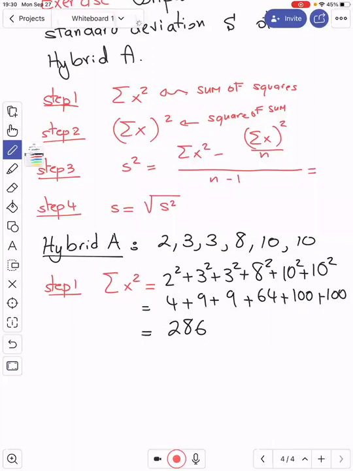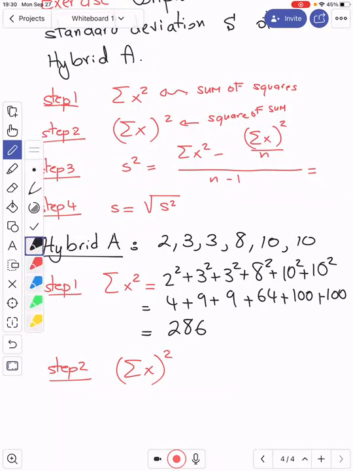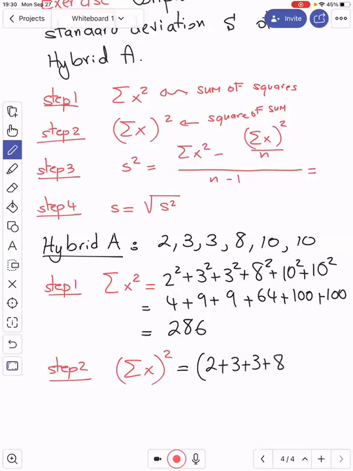Now, step number 2, the square of the sum. From this rule, we first do what's inside the parentheses. Inside the parentheses, we have the sum, so we do the sum first, and then we take the square. That'll be 2 plus 3 plus 3 plus 8 plus 10 plus 10, and then the whole thing squared.